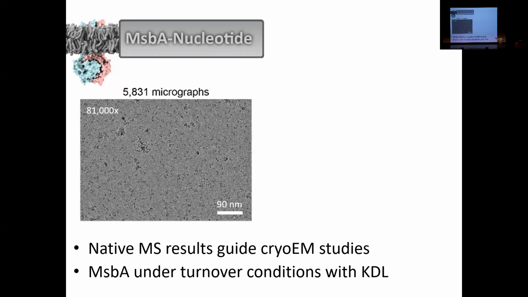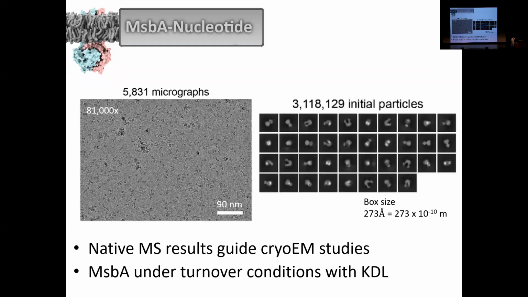So the next goal will be taking all these different orientations of our protein in ice and their pictures and now averaging them. That's what we're going to do here. Here's what we call 2D class averages. If you look at this, do you see different structures? You can see some of these have the nucleotide binding domains open. You can see some side views. You can see some that are trapped here in this closed state.